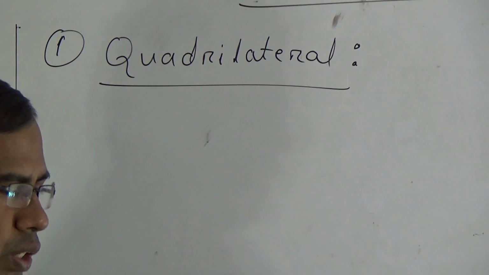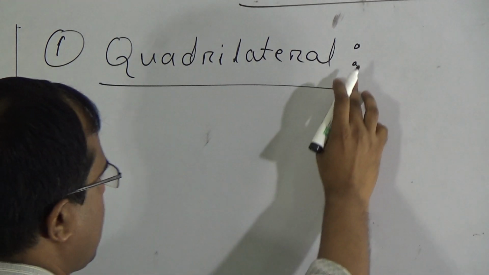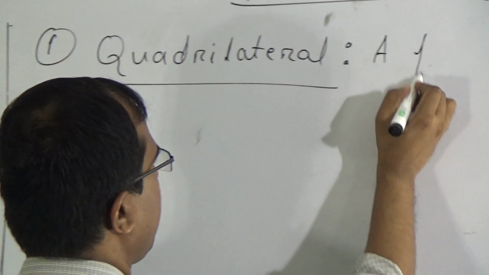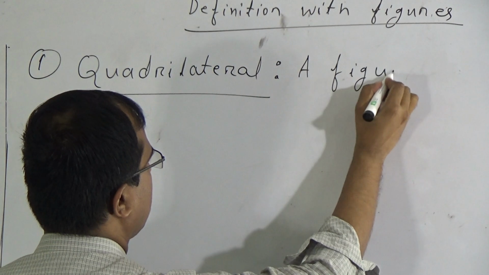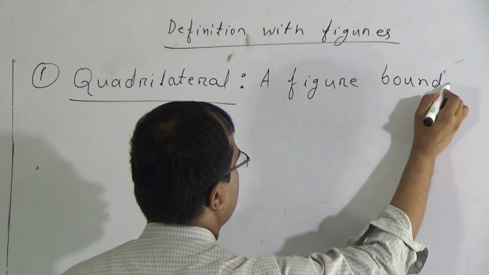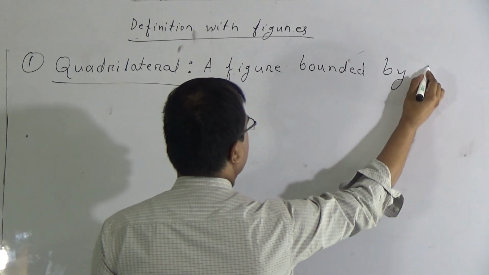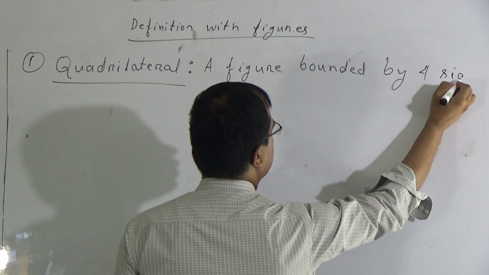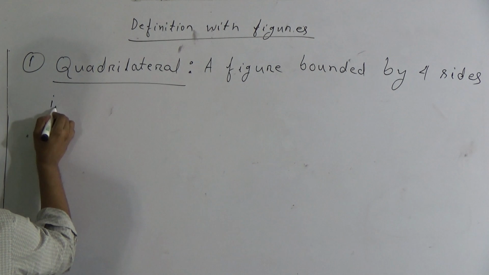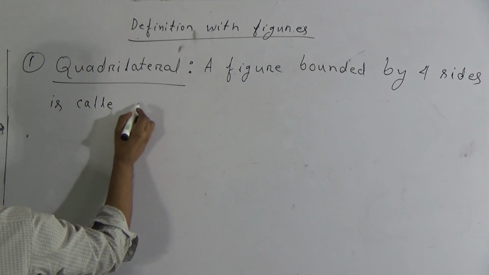A figure which is bounded by four sides is called quadrilateral. A figure bounded by four sides is called quadrilateral.